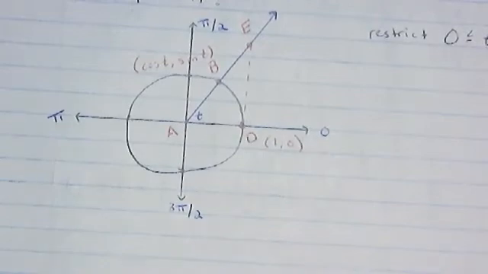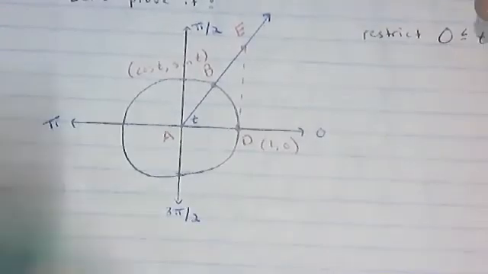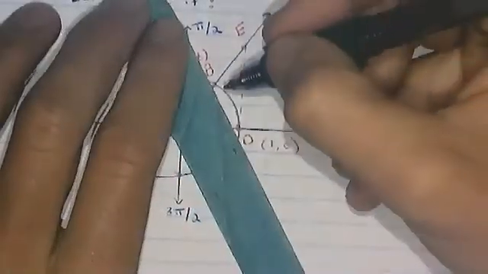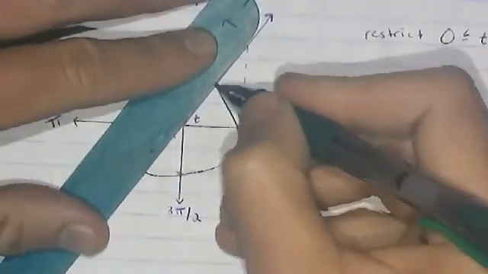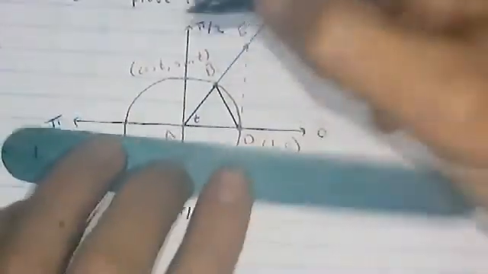So the first shape, I'm going to use green, is the triangle ABD. I'm drawing the third side here. We've got triangle ABD.